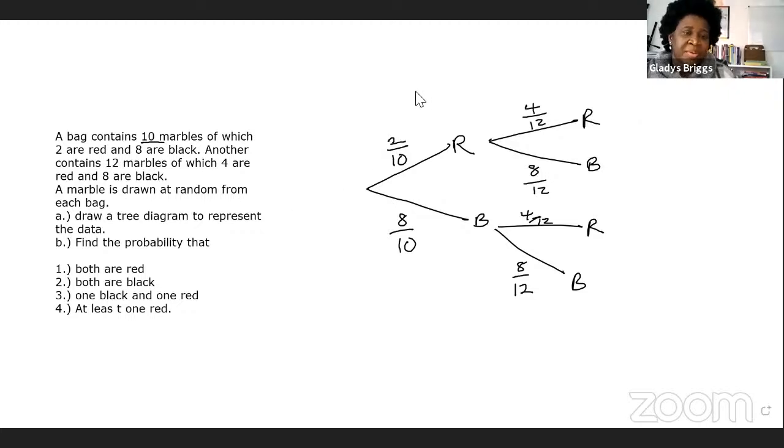Okay. Red and red. Let's see. Question 1, red and red is equal to 2 over 10 times 4 over 10, which is what? 8 over 100. What did we get?